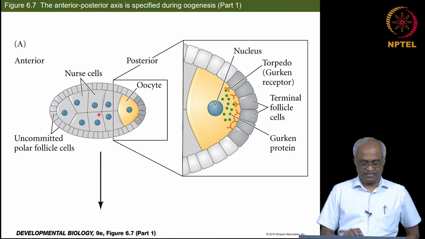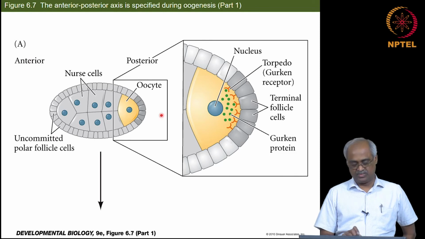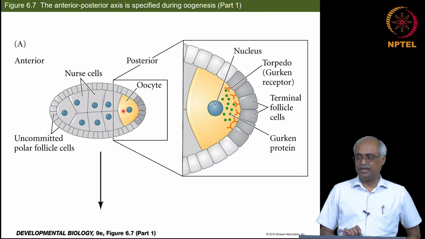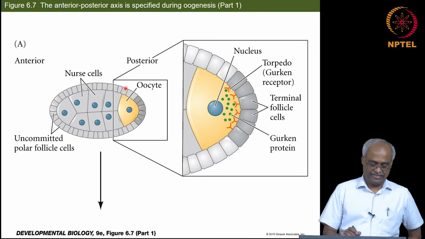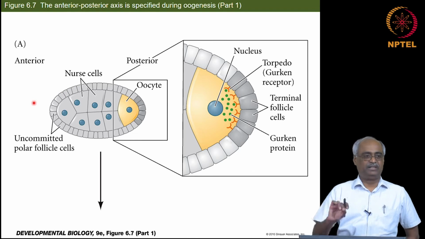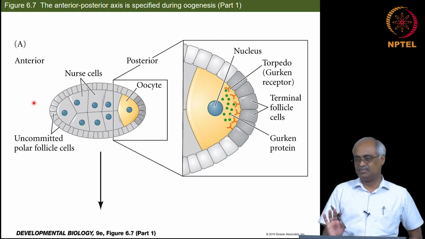So, the transcription and translation output coming from all these 15 nuclei is all going here and this is going to grow, clear. And at this point I want to state one more piece of information: these follicle cells are not committed to any particular kind of follicle cells, they are all plain simple follicle cells.